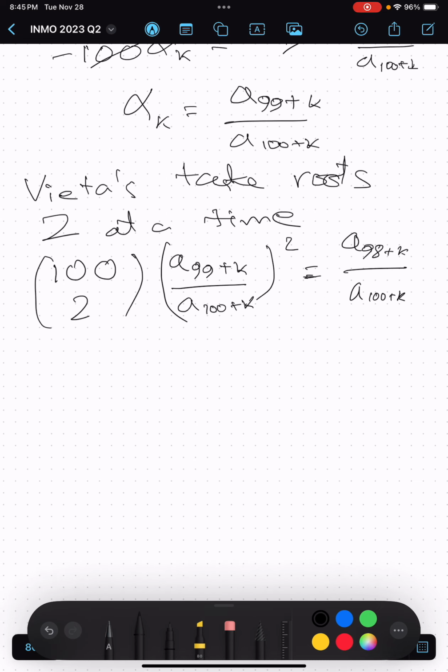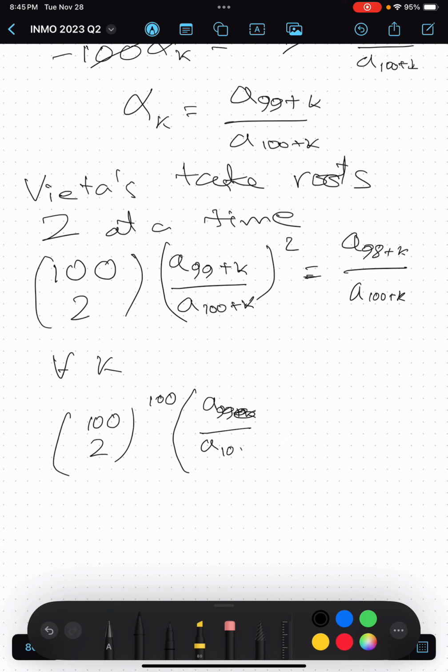Now if we multiply this relation for all k, we get 100 C2 to the power 100 multiplied by a 99 plus k by a 99 plus a 100, then a... so you can kind of see where this is going now.